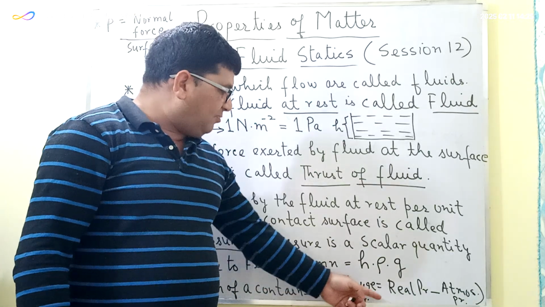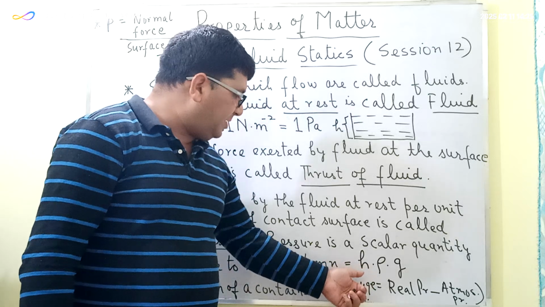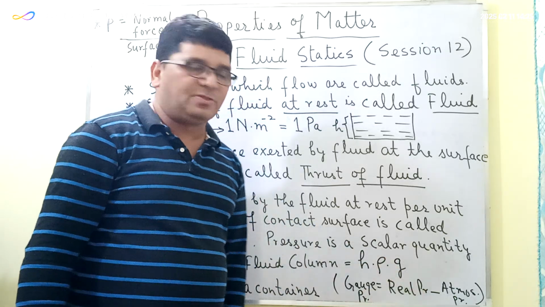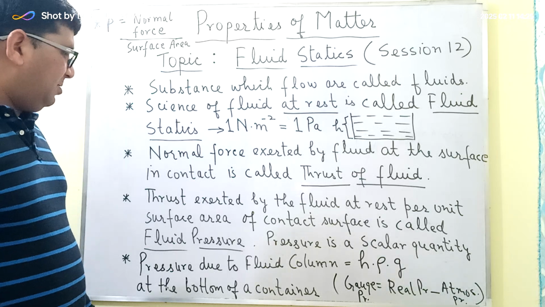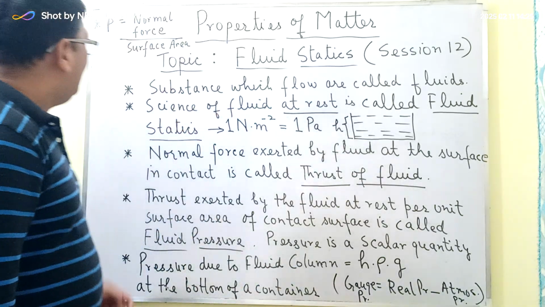And the gauge pressure will be equal to the real pressure minus the atmospheric pressure, where real pressure is equal to H into rho into G. So the gauge pressure is H into rho into G minus the atmospheric pressure. This is also an important formula which we all have to remember.